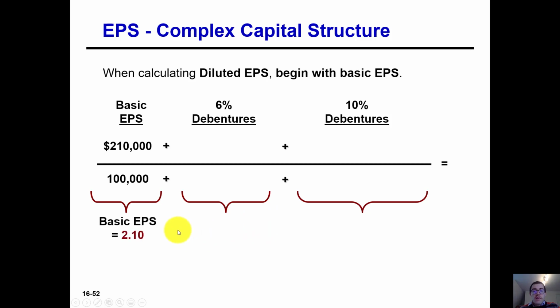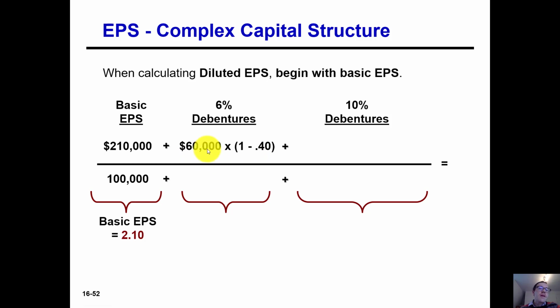That's basic EPS. The 6% bonds, bond 1 here. I'm going to add $60,000 that I would not have to pay in interest expense. But I'm not going to add the whole $60,000. I'm going to take $60,000 times 1 minus the tax rate. All right, and here's the deal. Your net income would be $60,000 higher? No, not exactly.